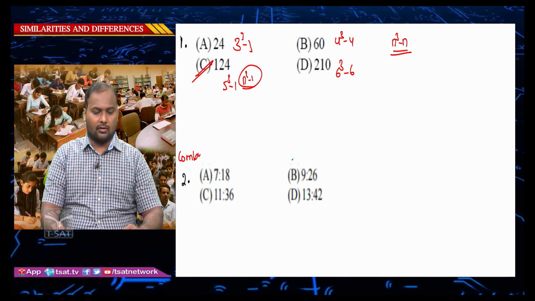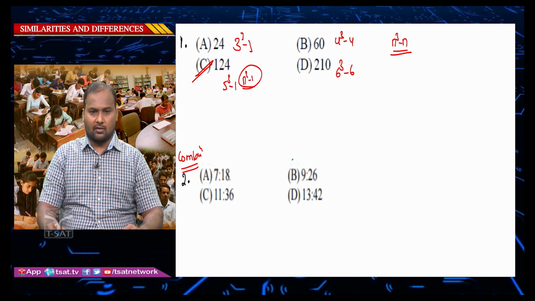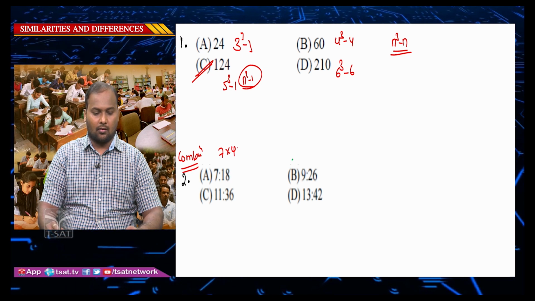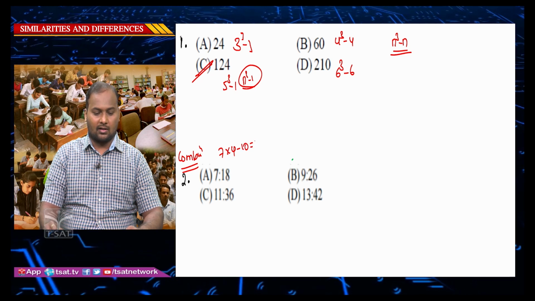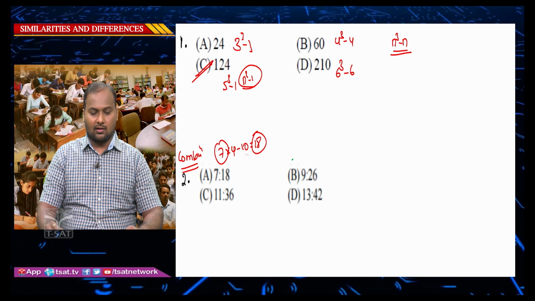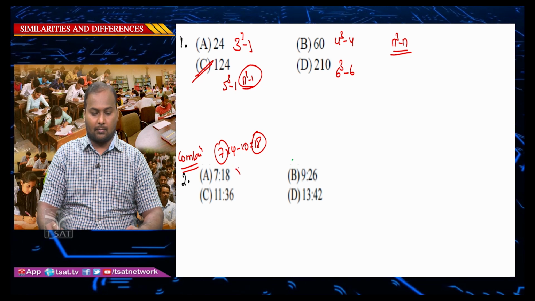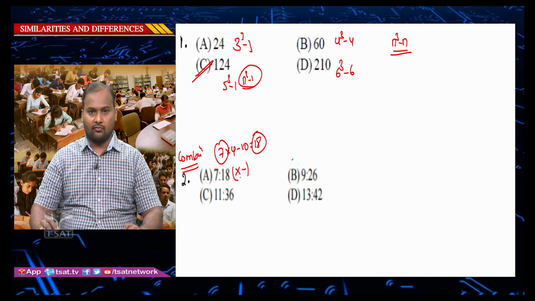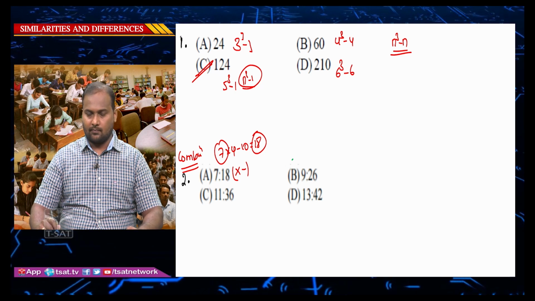What is that combination here? For example, 7 and 18. I can write like 7 four times is 28 minus 10. Then I will get the answer as 18. So we are having 7 and 18, and what is the logic in between I can see? That is multiplication and subtraction. So this is the combination. The combination of multiplication and subtraction is the logic.